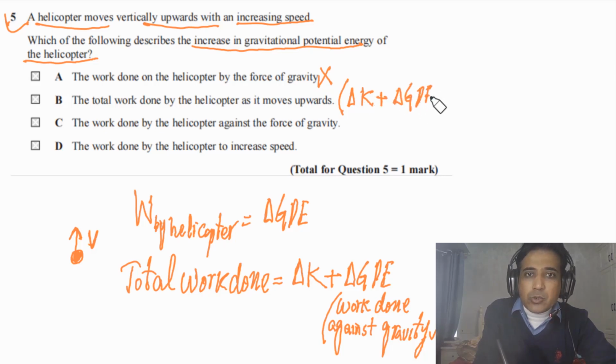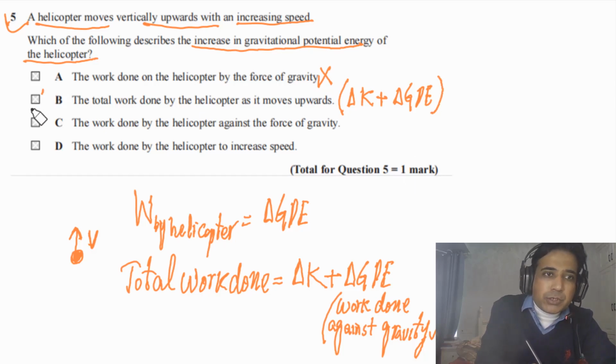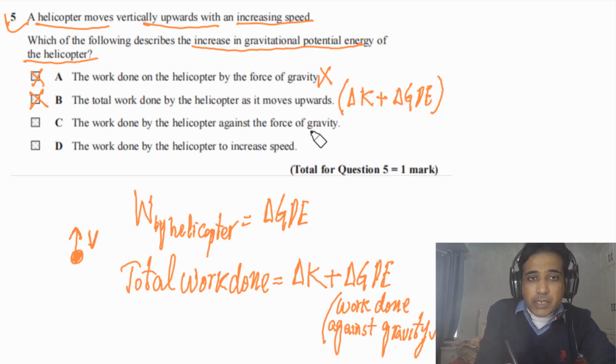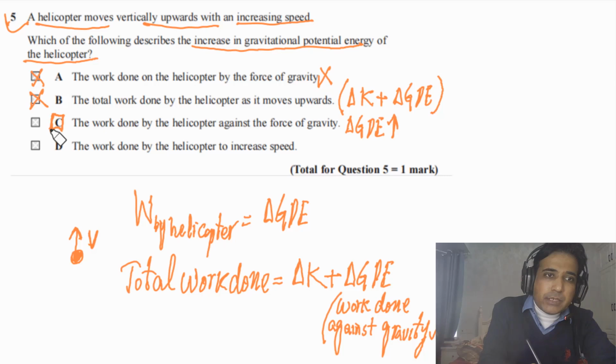So this is not only the increase in GPE, so this option is also not correct. The work done by the helicopter against the force of gravity, yes, because that work done is the gain in GPE, the increase in GPE. So the answer for this question is C.